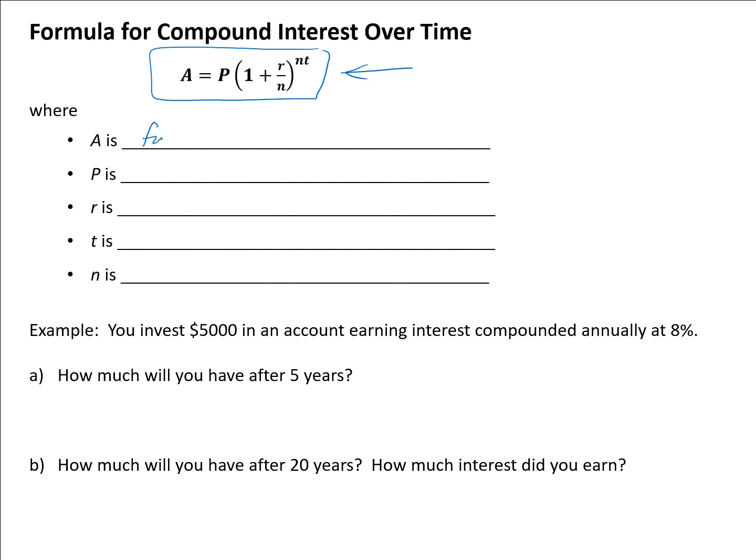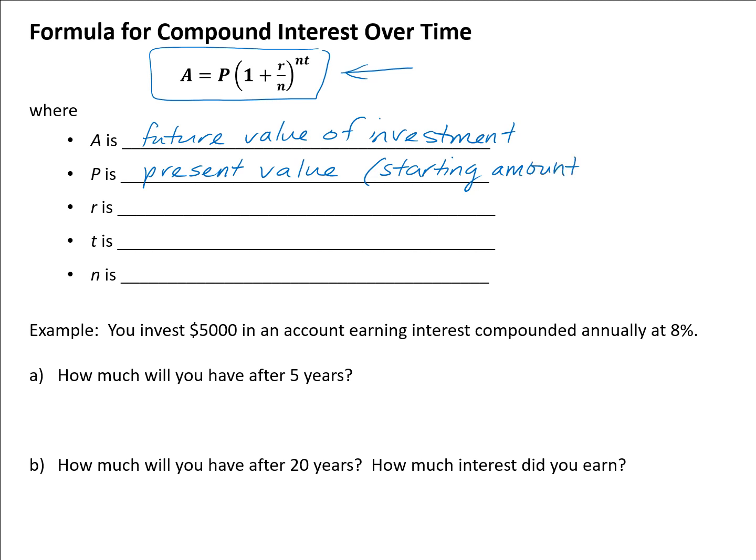A is still the future value of the investment. P is still the principal, or the present value of the investment, or remember, that's just another way of saying starting amount. R is the interest rate as a decimal, and specifically it's the annual interest rate.